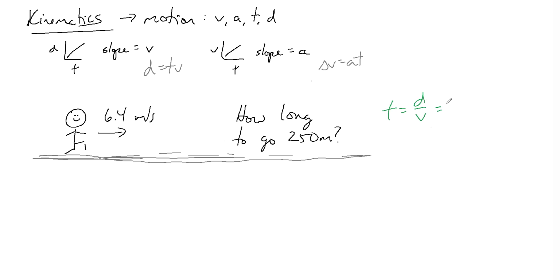We got the distance of 250 traveling at 6.4 meters per second, so we'll just divide those two out, and if we do that, we will get approximately 39 seconds. Okay, so there we go. Good old grade 11. And of course, hopefully remember, typically looking for four main things: formula, substitution, answer, and units. Try and round to 2 or 3 significant figures at the end, and it's all good.